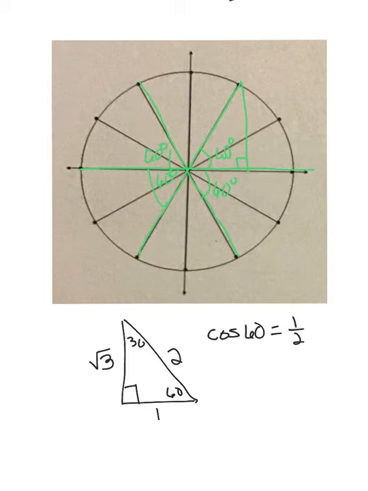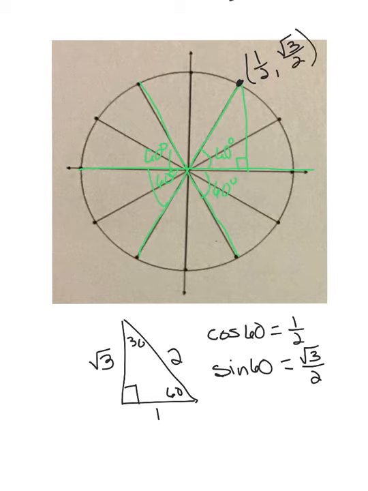So the x-coordinate for this point is 1/2. The y-coordinate is the sine value of 60. Well, the sine of 60 is the opposite over the hypotenuse in that triangle, so you get square root of 3 over 2. So our y-coordinate is square root of 3 over 2.